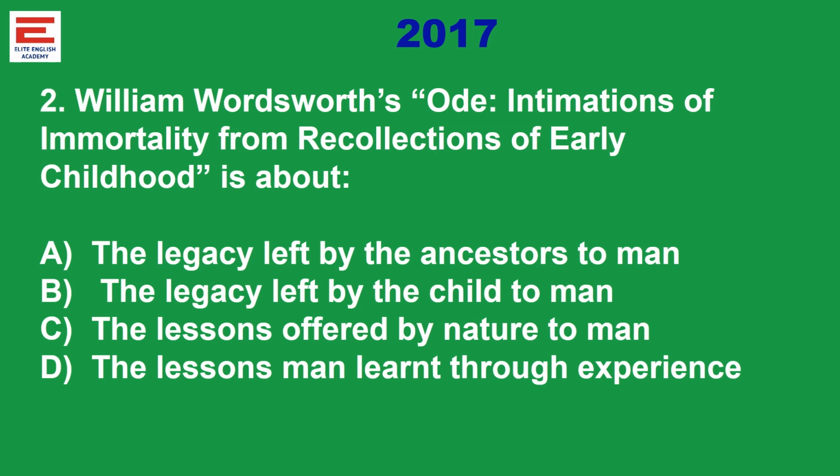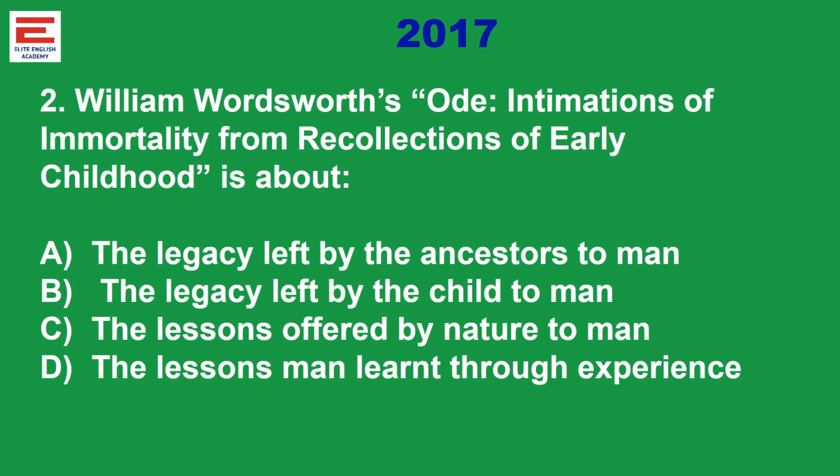Next one, William Wordsworth's Ode, Intimations of Immortality from Recollections of Early Childhood, is about the legacy left by the ancestors to man, the legacy left by the child to man, the lessons offered by nature to man, the lessons man learned through experience. So here you know William Wordsworth is a poet of nature.